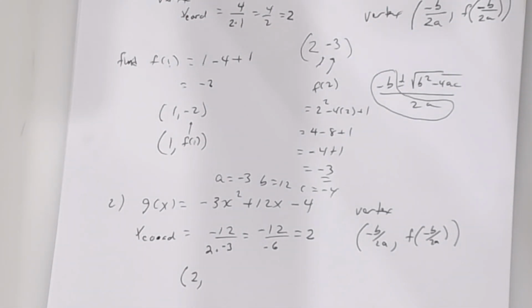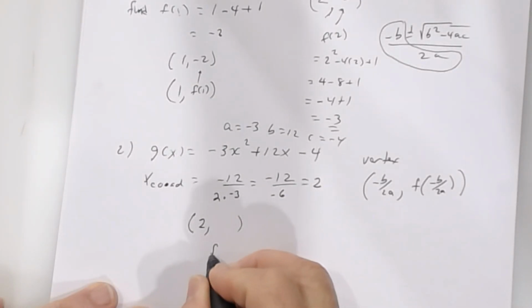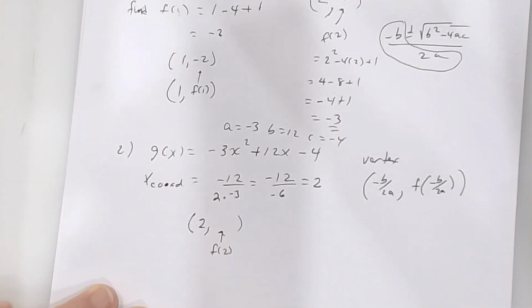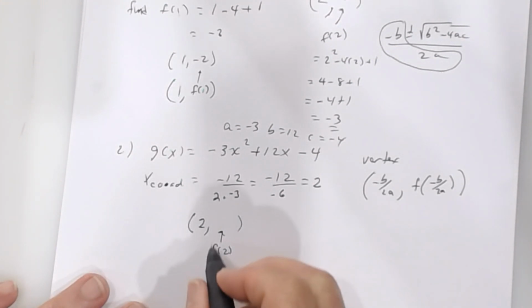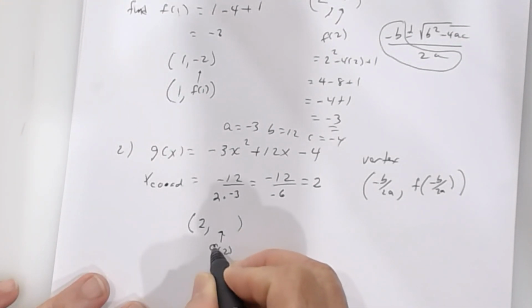To find the y-coordinate of my vertex, I find what? f of 2. That's going to be your y-coordinate. So you go to your function g. Oh, I'm sorry, I said f. I should say what? g.